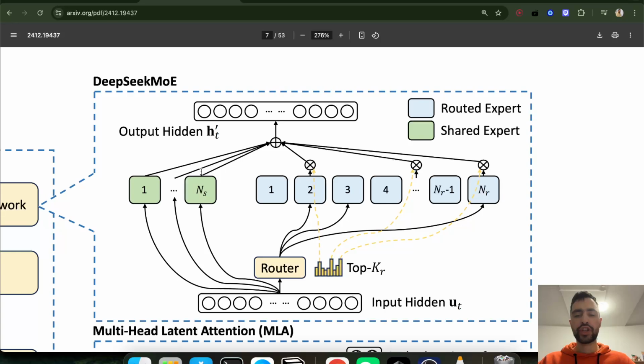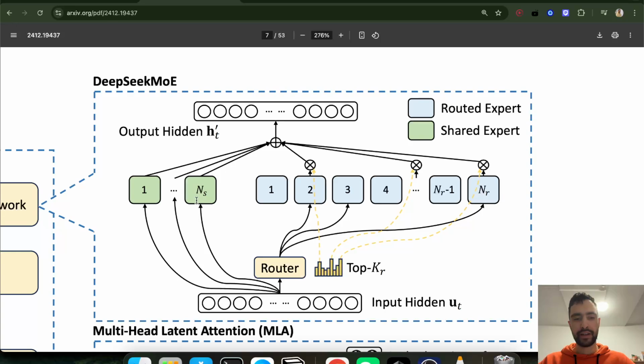If there were no shared experts, then every time you process a token, that knowledge would have to be present, so a lot of experts would need to learn that same knowledge because it's always necessary.